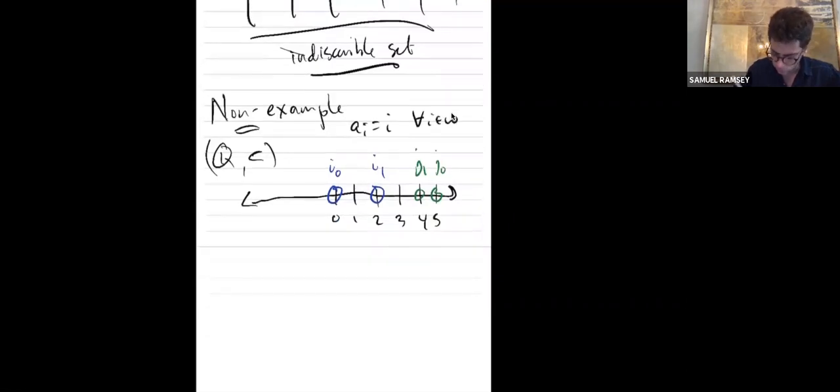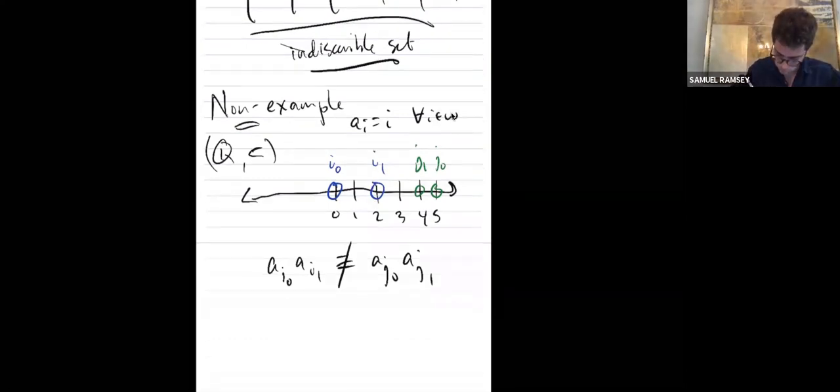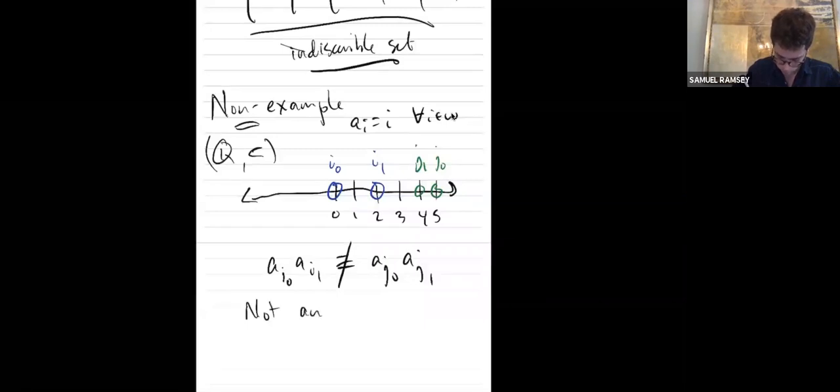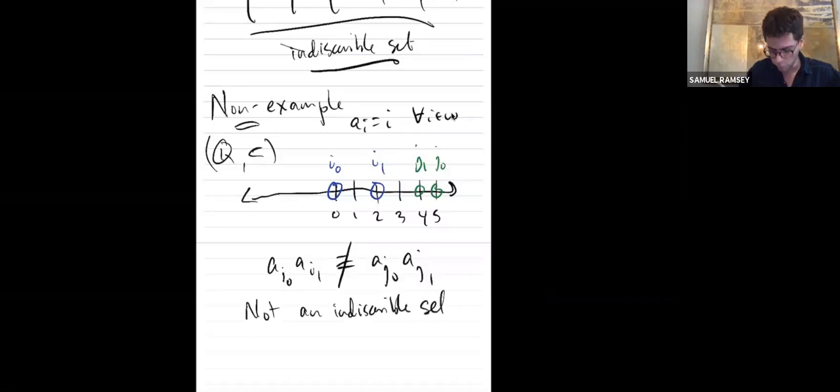I see that with this choice, we have that I0, I1 does not have the same type over the empty set as J0, J1. So this is an indiscernible sequence, but not an indiscernible set. Of course, being an indiscernible set implies being an indiscernible sequence, but the converse, as we've just shown, is false.